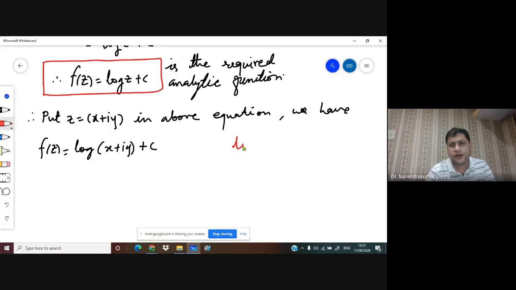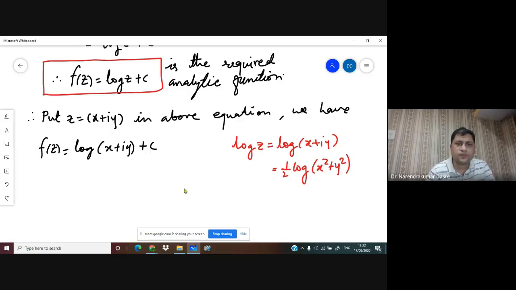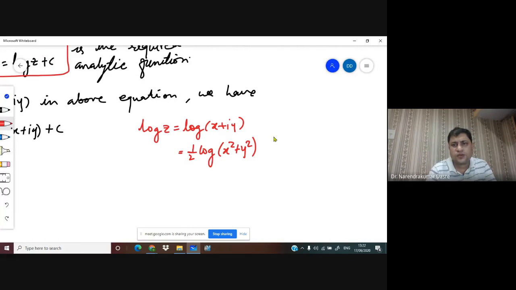So we get f of z is equal to log of x plus iy plus c. You have seen in the first semester the log of a complex number: log of x plus iy is equal to half of log of x square plus y square plus i tan inverse of y by x.